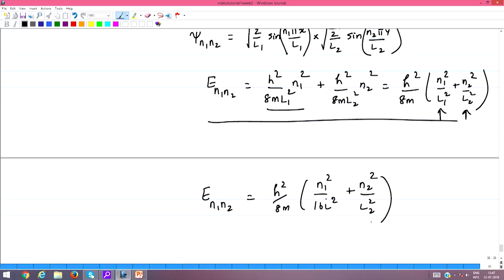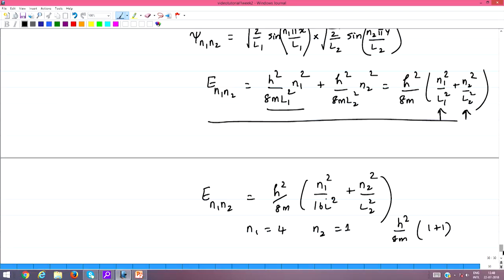Now, you have to find degeneracy for n1 and n2. I will give you a simple solution. If n1 is 4 and n2 is 1, what do we have? We get h square by 8m, 1 plus 1, 2. Okay.